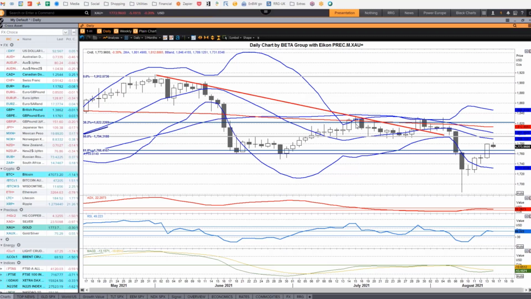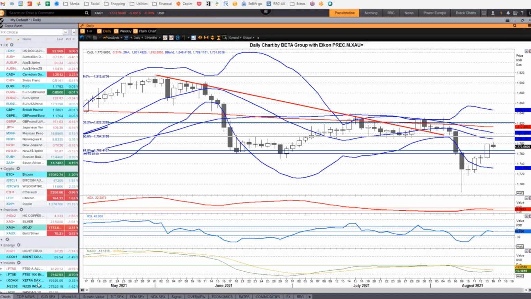There is support at 1750, and then the spike low, which is at 1684. But this area here, I think, is support now too. So I think this rally is about to run out of steam because the resistance is quite strong, and I wouldn't be surprised to see this turn down again.